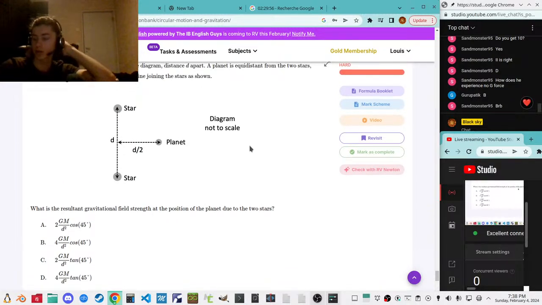So d over 2 is at a 45-degree angle. Therefore d over 2 squared plus d over 2 squared equals x squared.